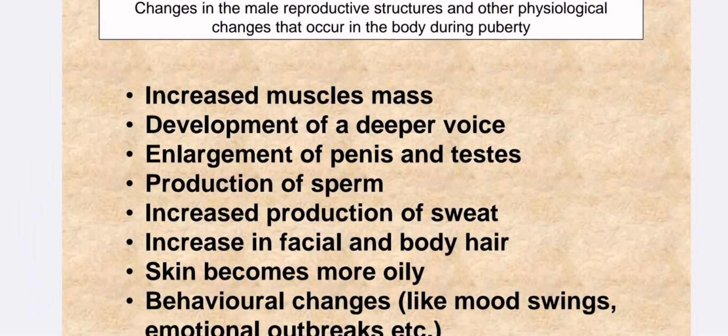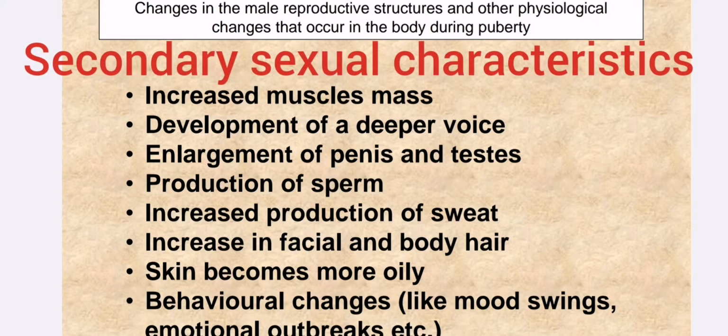All the changes that occur in the male body during puberty are associated with the increased production of testosterone, the male hormone. And all these characteristics that you see in these bullets are what we call the secondary sexual characteristics. And these are luckily very easy to remember because our bodies go through these. Well, if you're a guy, these would be familiar.